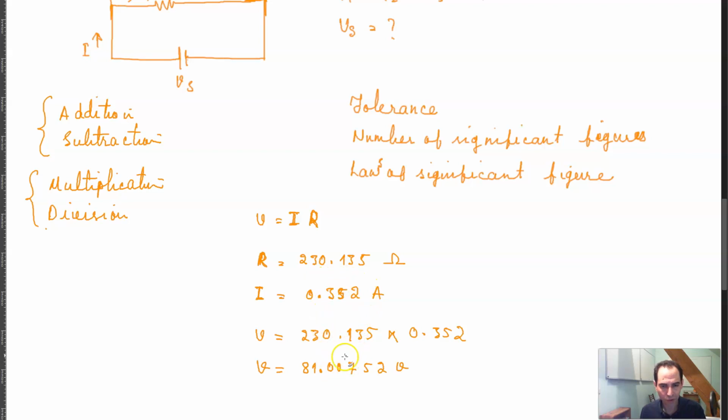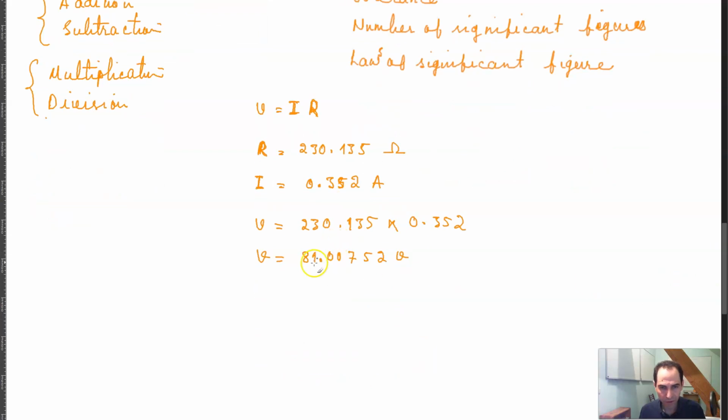So you have to round this number to 3 significant figures, 1, 2, and 3, to the 1/10th place, which gives you 81.0 volts. The rest of the digits are just garbage, because you didn't have that much resolution in the first place. So your voltage becomes that.